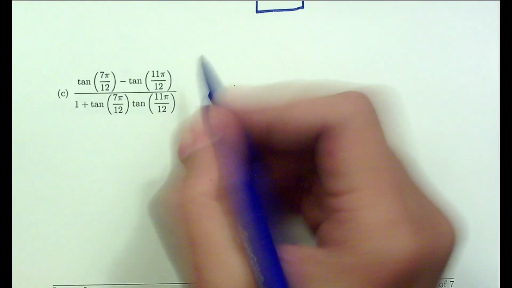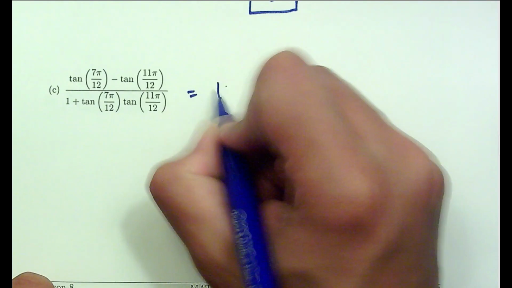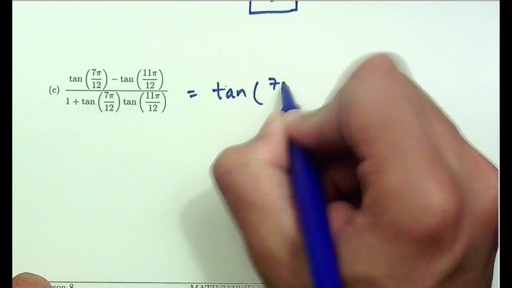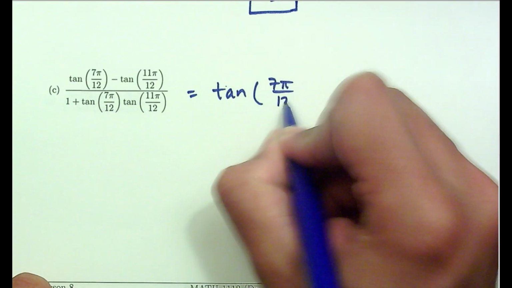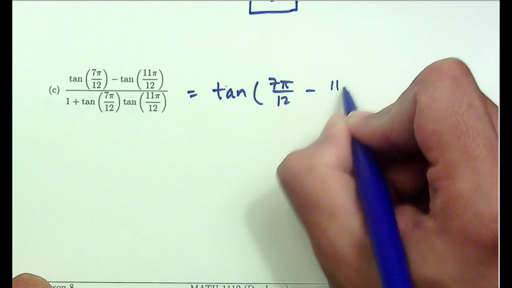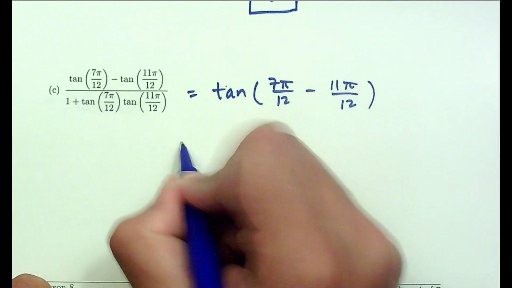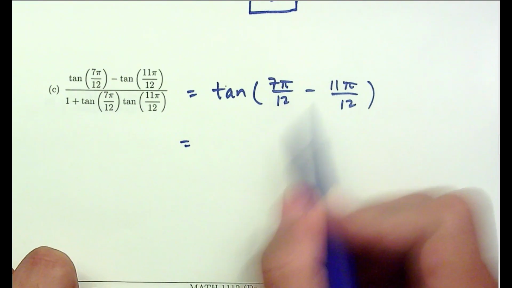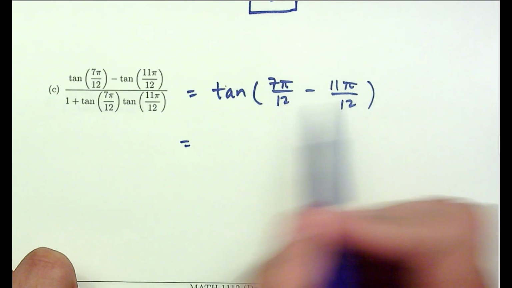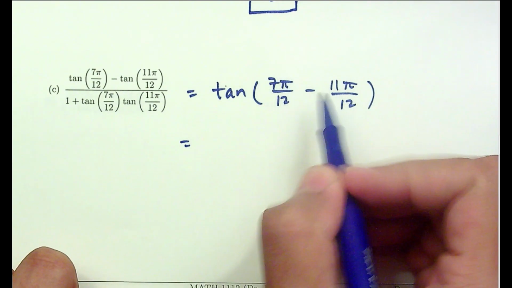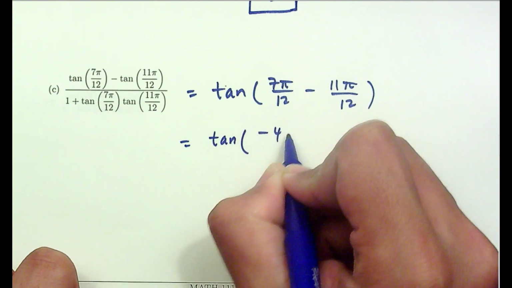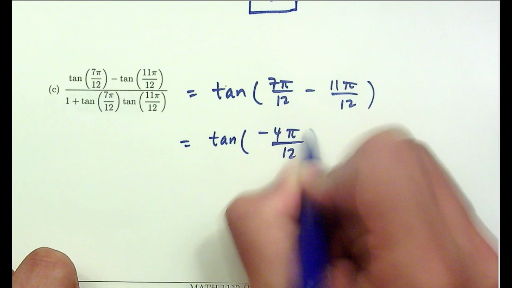So that means in this one, this should be tangent of the difference in the same order, according to the formula, 7 pi over 12 minus 11 pi over 12. Okay? And now let's simplify this. Because they have the same denominator, we can just subtract the tops. 7 minus 11 is negative 4, so this is the same as tangent of negative 4 pi over 12.